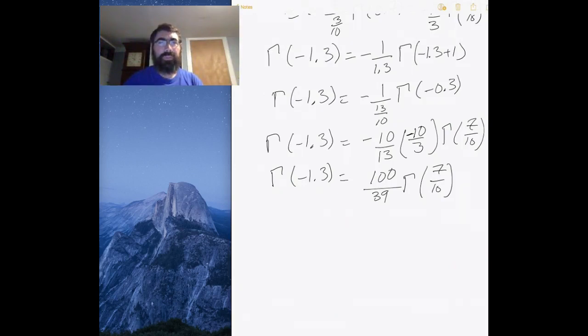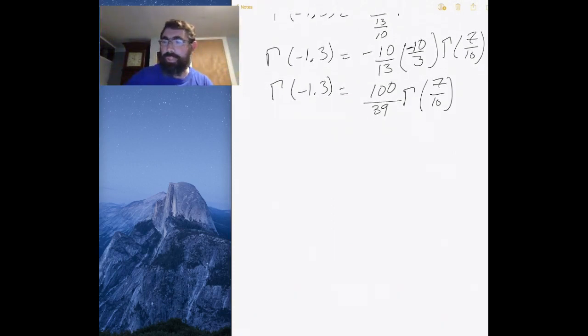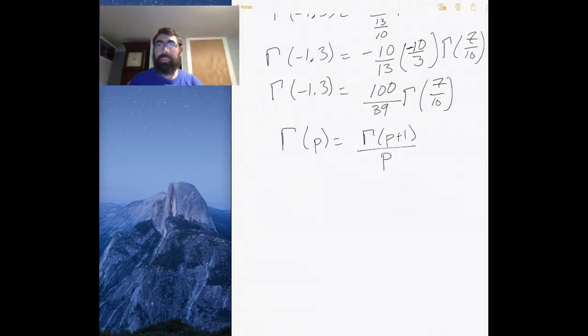So if I go back to my original formula, that gamma p is equal to gamma of p plus 1 divided by p, then let p go to 0.